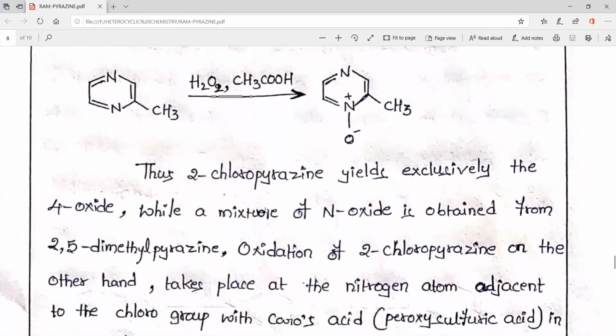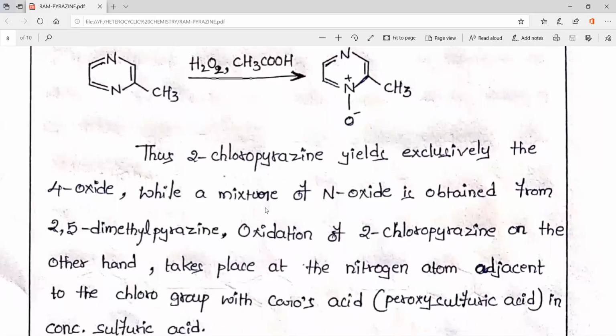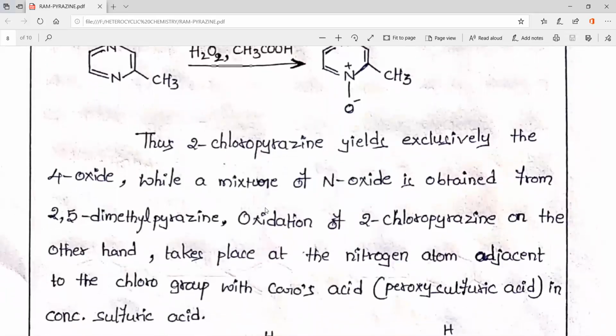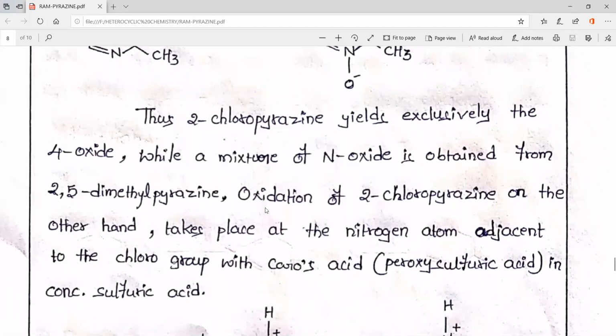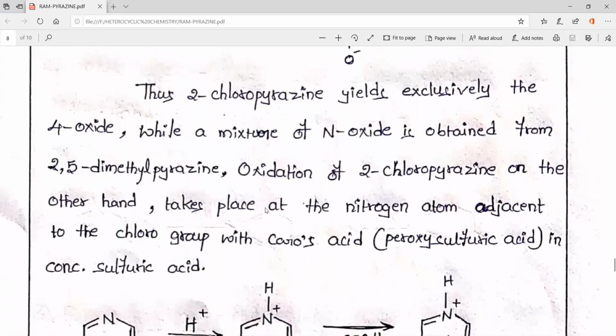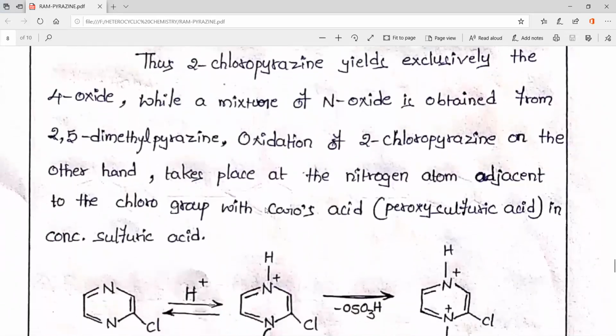So 2-chloropyrazine yields 4-N-oxide, while a mixture of N-oxides is obtained from 2,5-dimethyl-pyrazine. If there are two methyl groups, then we get a mixture of the dioxides.